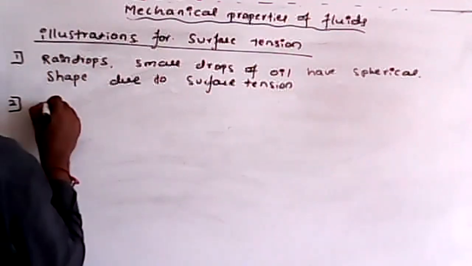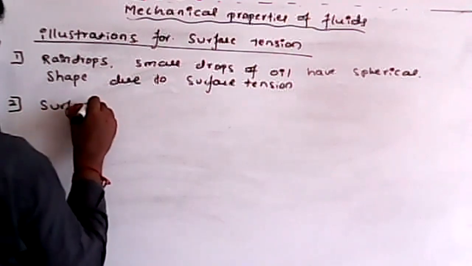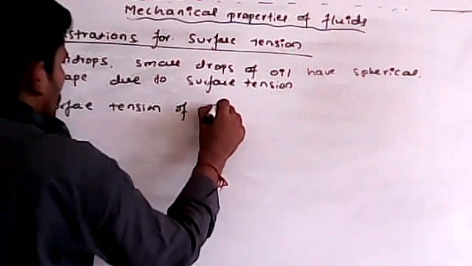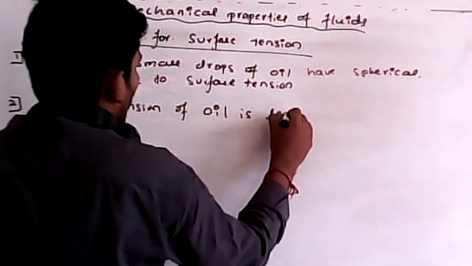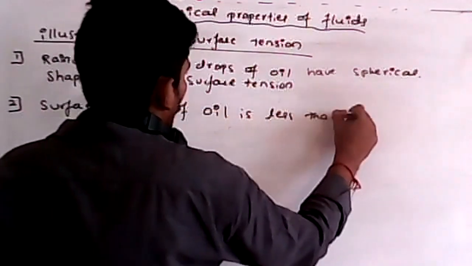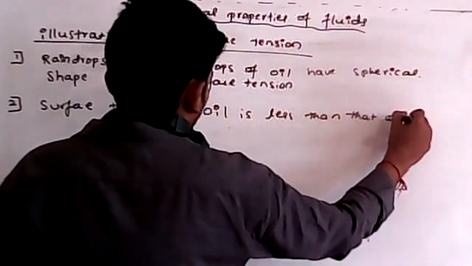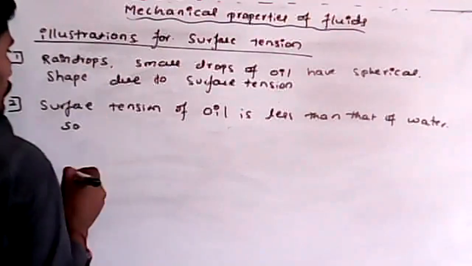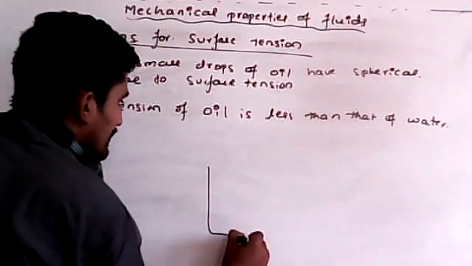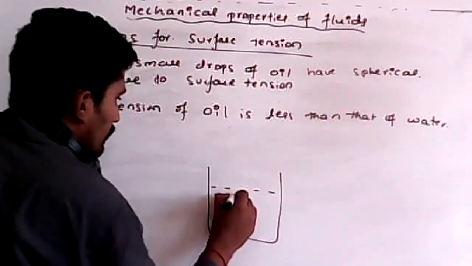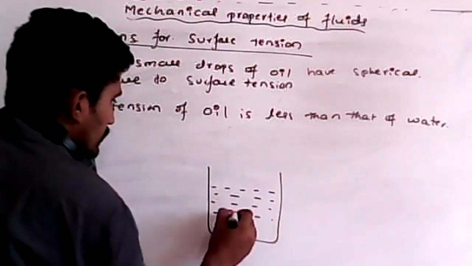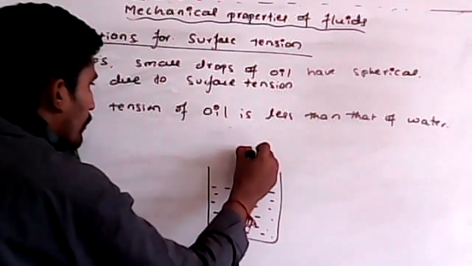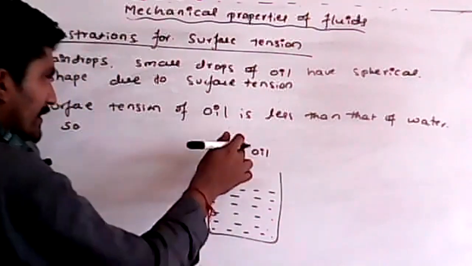Then one more: surface tension of oil is less than that of water. So for example, take a container of water. You can see in your daily life also, just one drop of oil here.